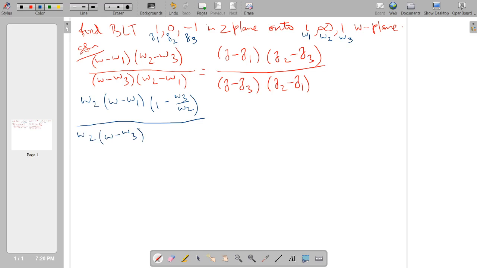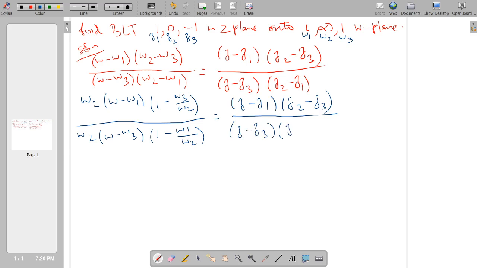That will give you W2 into (W minus W3) into (1 minus W1 by W2). I will retain the right hand side as such: (Z minus Z1) into (Z2 minus Z3) divided by (Z minus Z3) into (Z2 minus Z1).